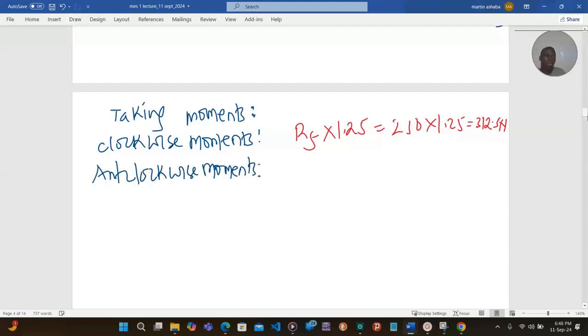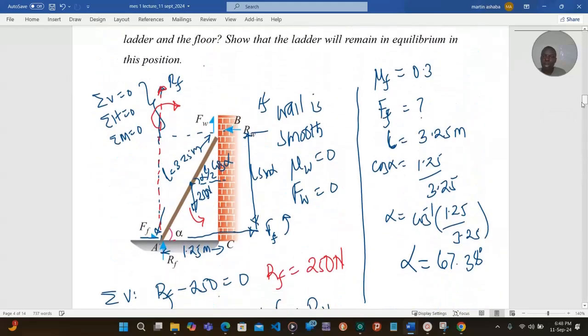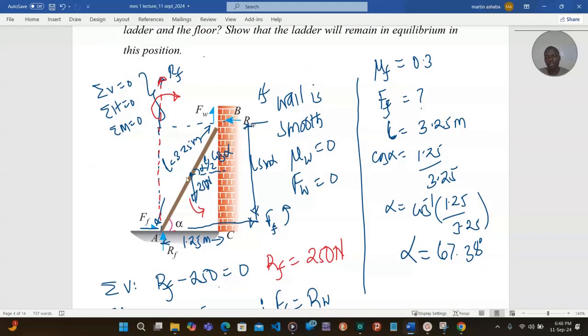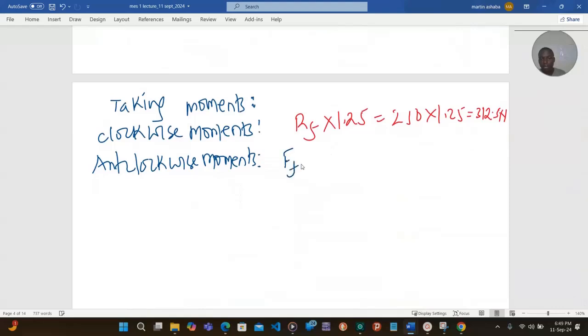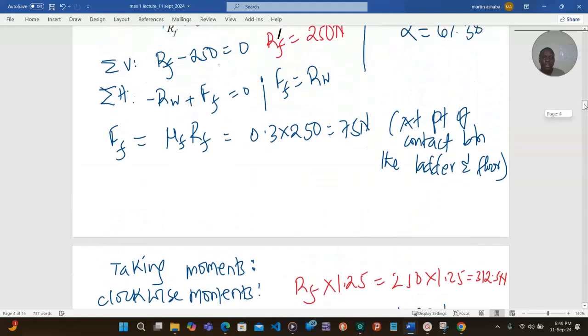The anti-clockwise moments will be composed of the 250 newtons, which is the weight of the body, and the Ff, which is the frictional force at the point of contact between the ladder and the floor. So this will be Ff times L sine alpha, plus W times L out of 2 cos alpha, because that's what we said.